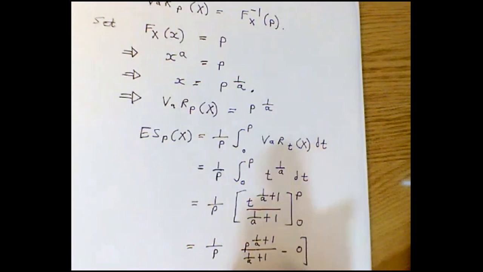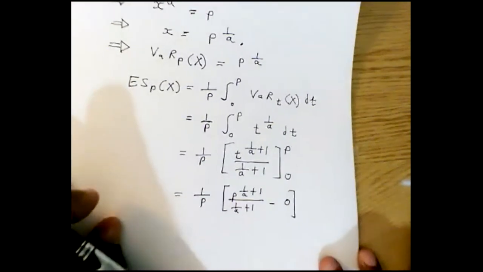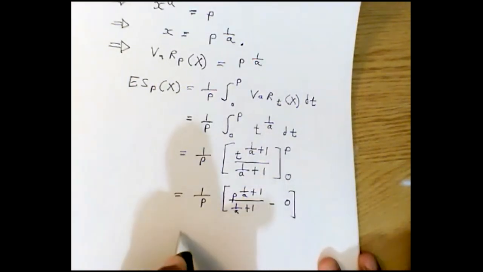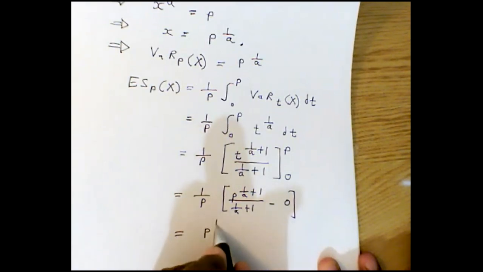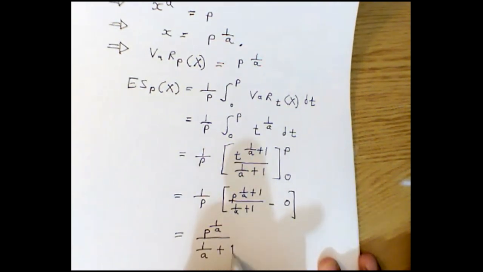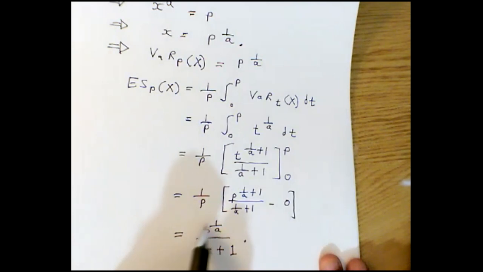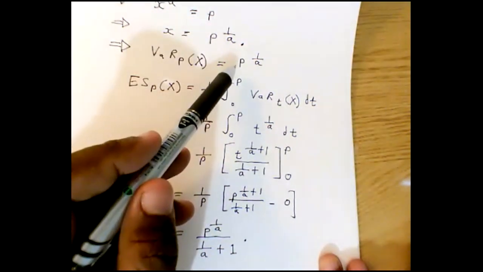So the expression for the expected shortfall is equal to p to the power 1 over a divided by 1 over a plus 1. So this is the expected shortfall, and this is the expression for the value at risk.